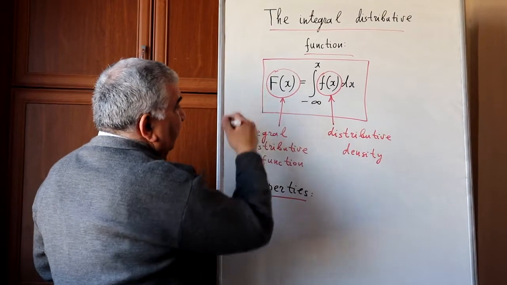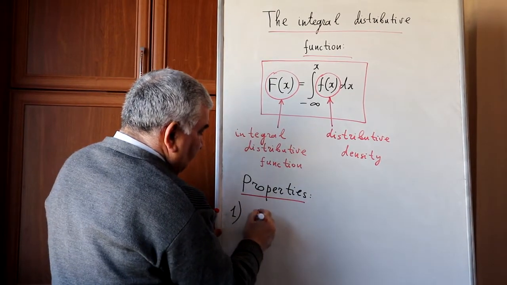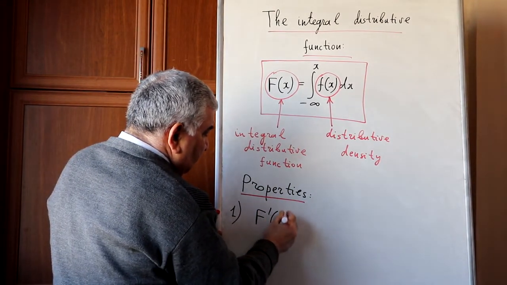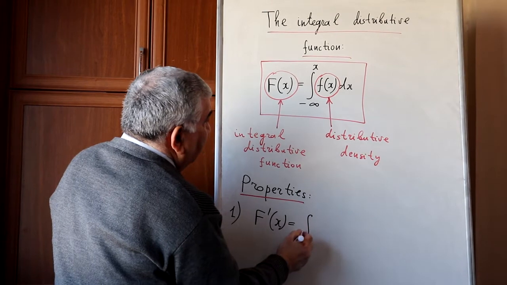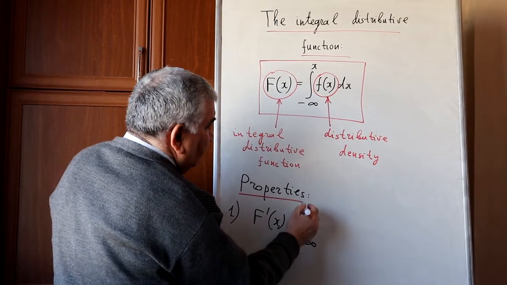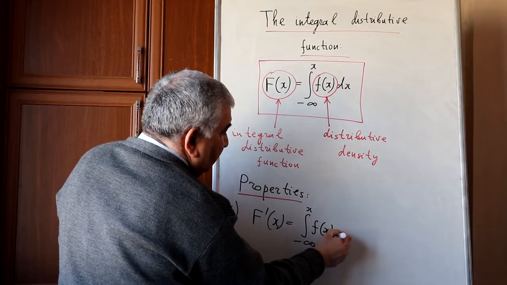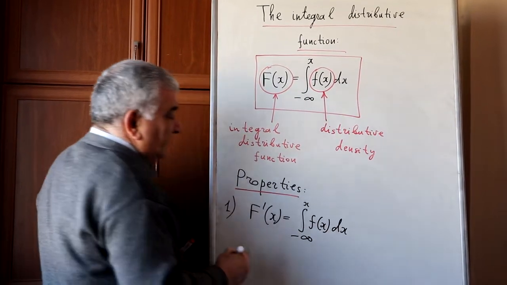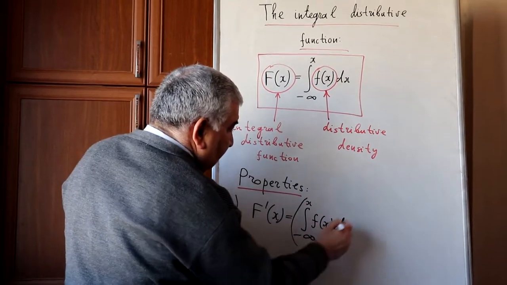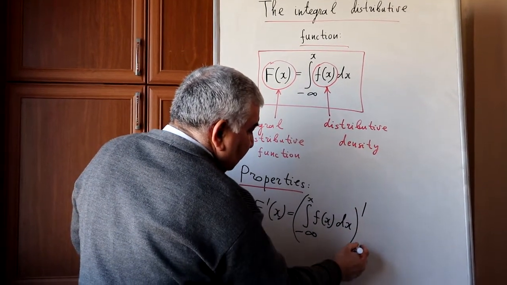Find the derivative of this function, F capital prime of x equals the integral from minus infinity to x of f little of x dx, prime, with respect to x.